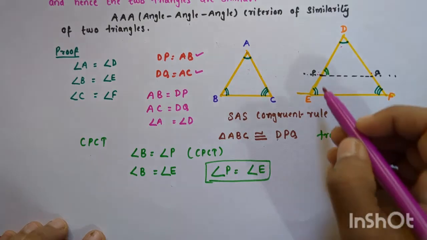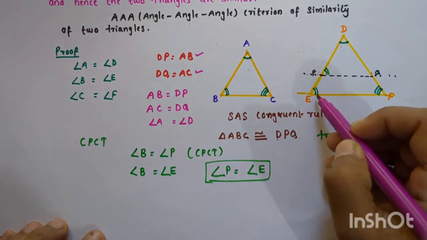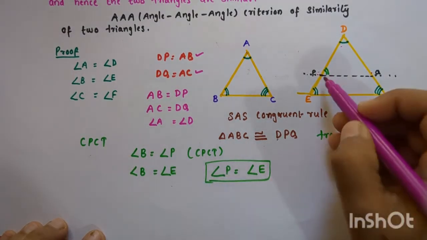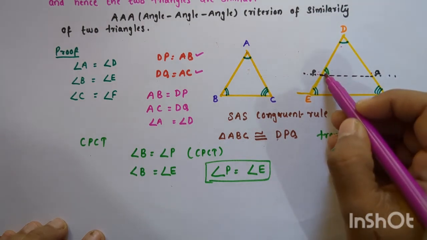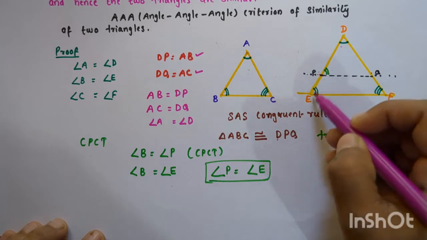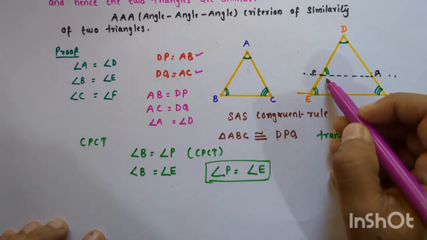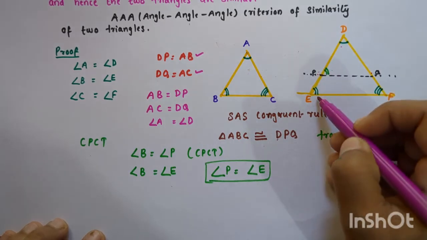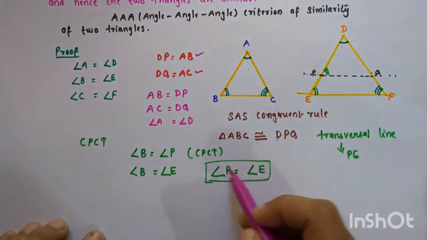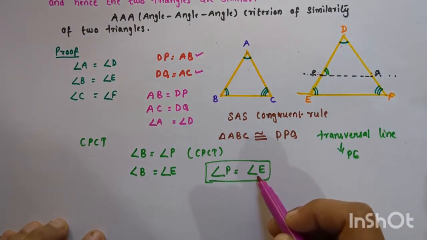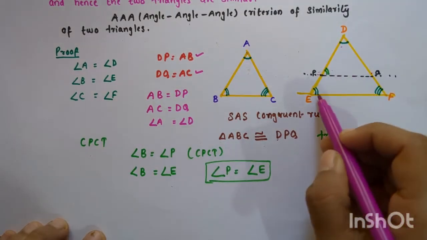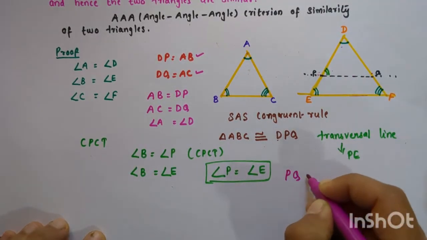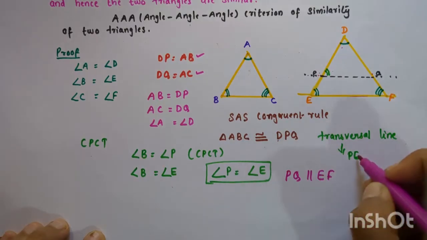And you see, angle P is equal to angle E. These two, angle P and angle E, are corresponding angles, and corresponding angles are equal. Angle P is equal to angle E. This implies that PQ is parallel to EF.